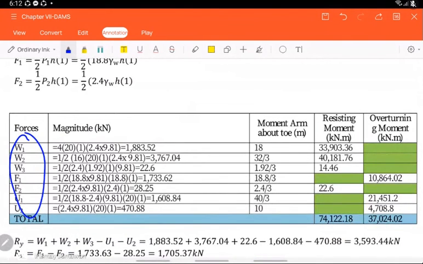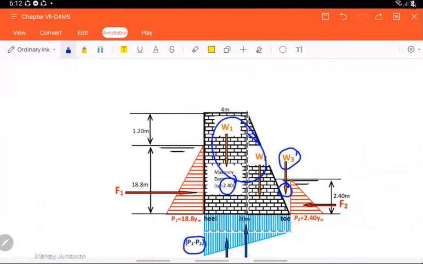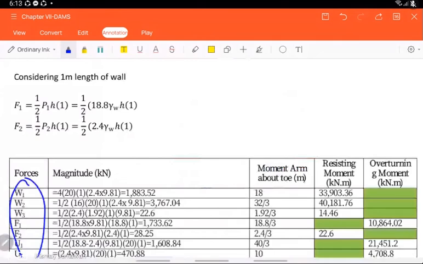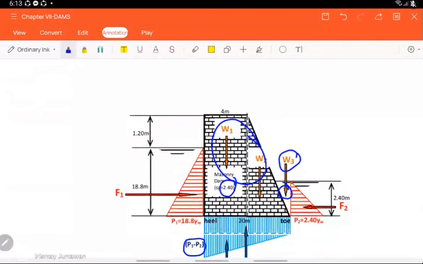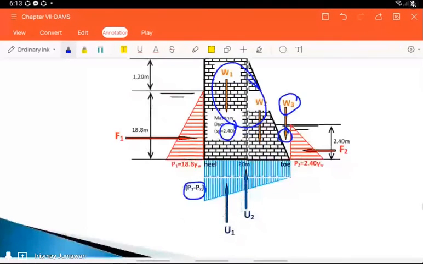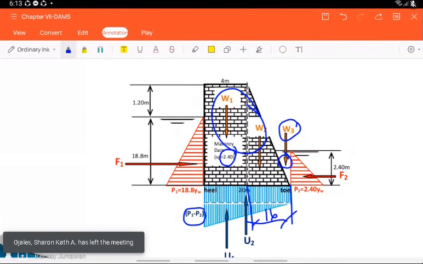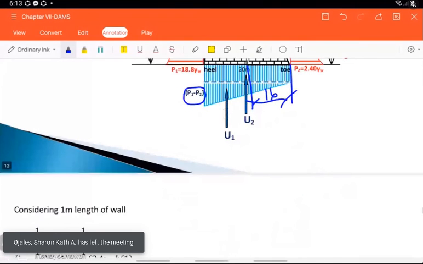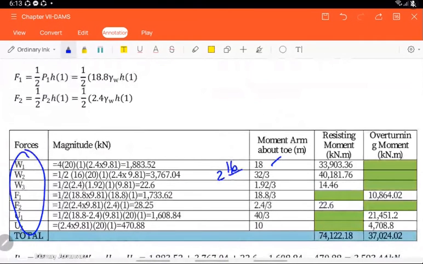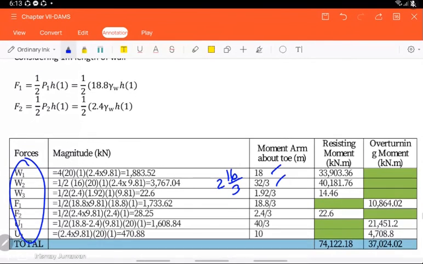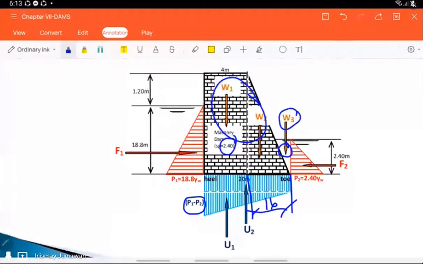Check. Then, for the moment arm, for W1, okay, that is 20. 20 minus 2, so that's 18. For weight 2, that is 2/3 of 16, so that is 32 over 3. Then, weight 3, that is 1/3 of x.